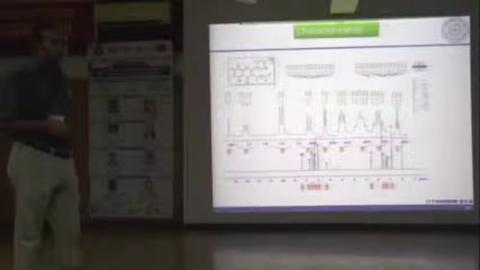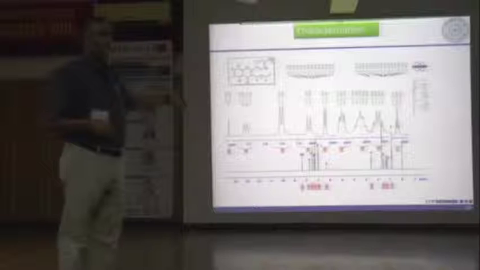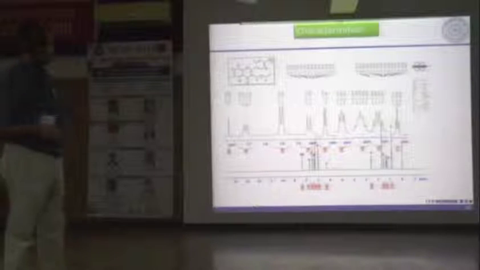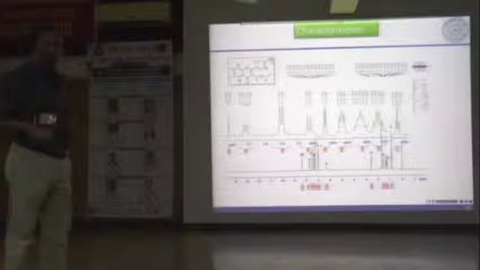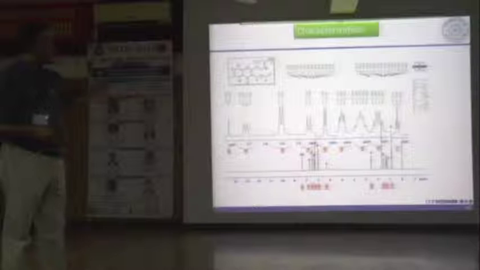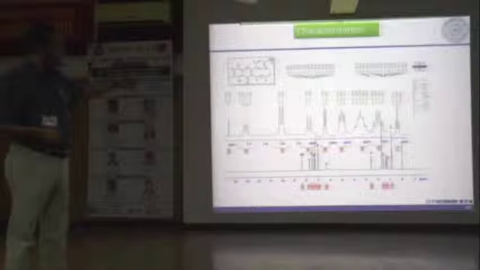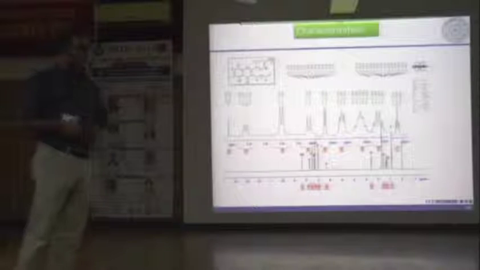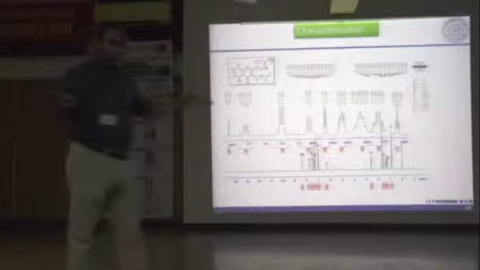Characterization. If you look at characterization, we generally go for NMR. NMR is the first technique to characterize the compound here. A Bruker 500 megahertz machine is used here. And the 500 megahertz machine is not going to resolve the spectrum fully.